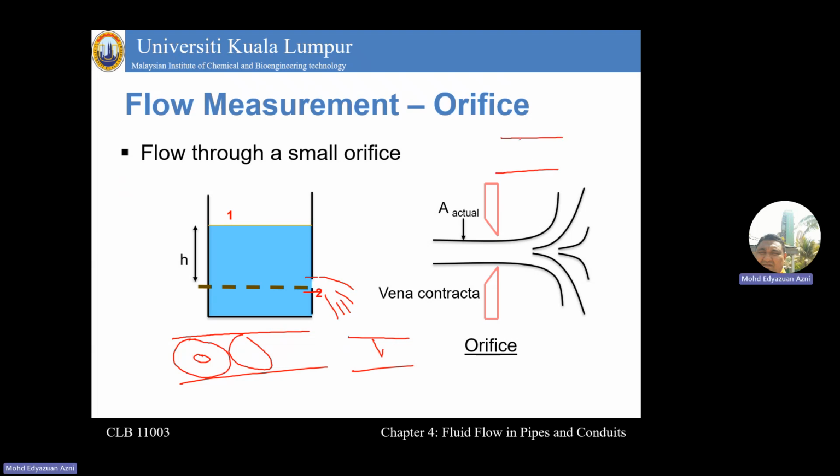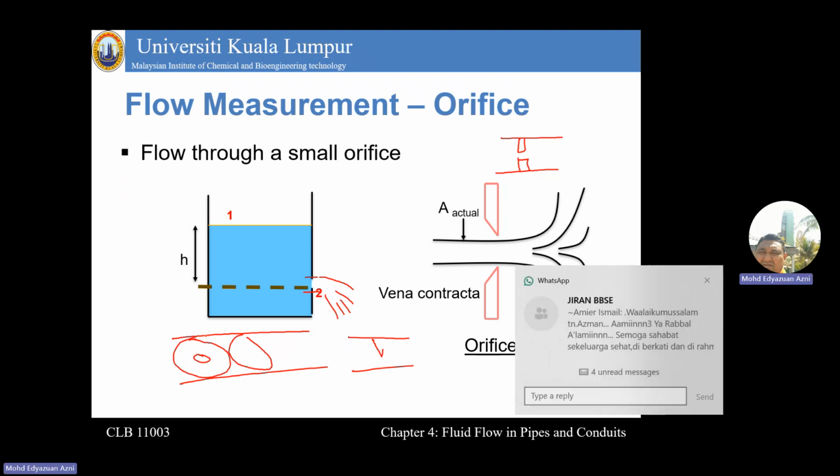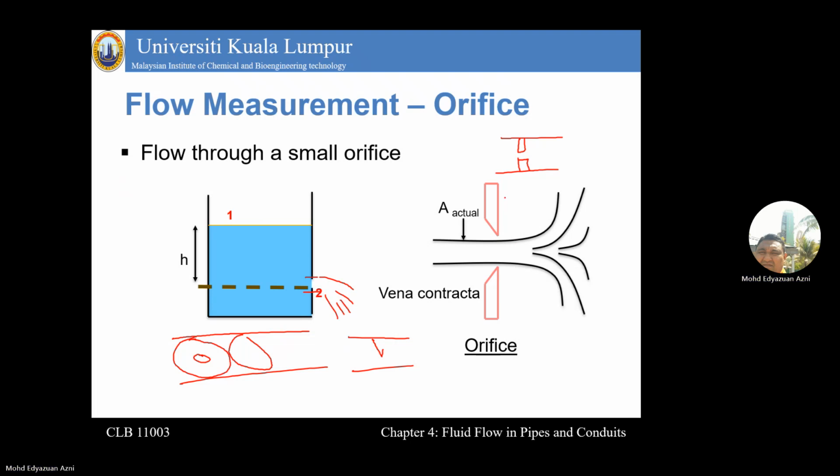But from the front, it is actually a circular one, just like a washer, a round washer, and it is put in the middle of the pipeline. So this is the construction of the orifice, the ring one.